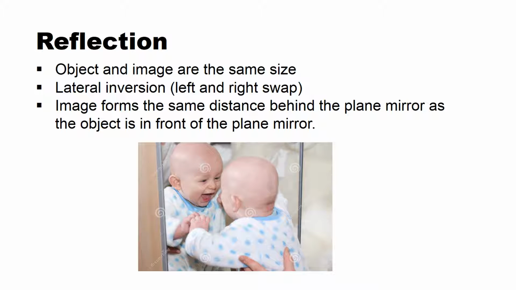For example, if ambulance or police is written on an emergency vehicle, it will be written in mirror writing, so that when you view it in a mirror, ideally your rear view mirror, you would be able to see it the way you'd normally see writing, so you'd be able to comprehend it faster. The last thing is that the image always forms the same distance behind the plane mirror as the object is in front of the plane mirror.